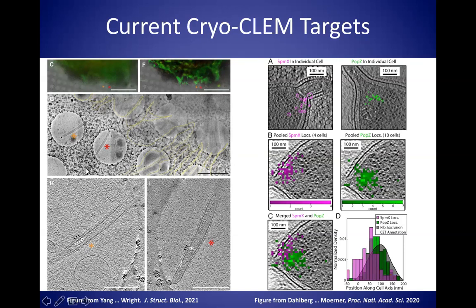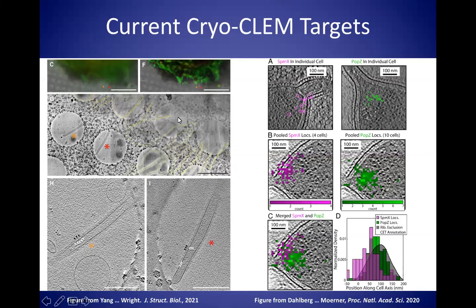And at this point now, we can clearly see the targets. And so we don't need the fluorescence anymore. The fluorescence aimed the field of view, and now you have an easily recognizable target to do higher magnification work with. And I would say this type of application encompasses about 95% of current cryo-CLEM.